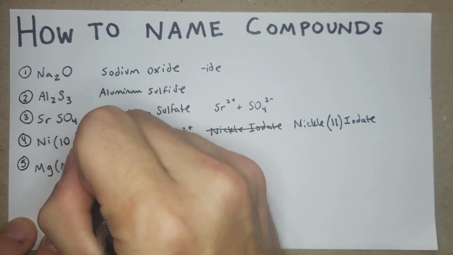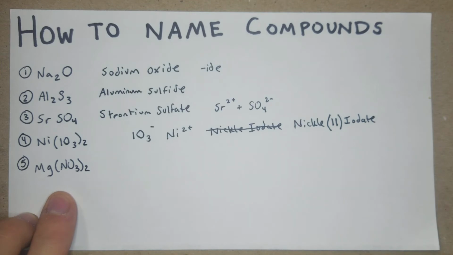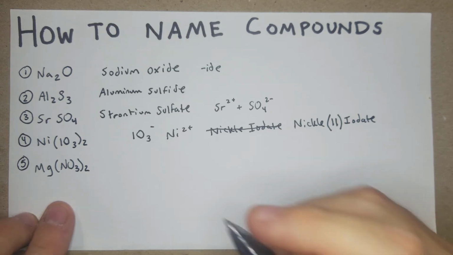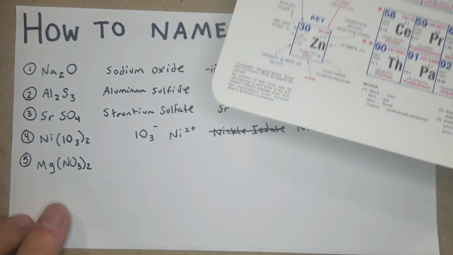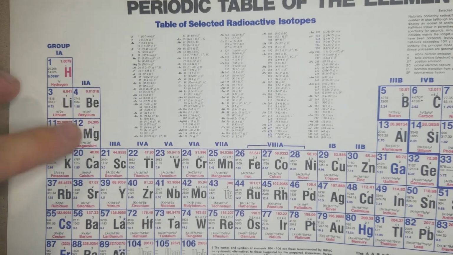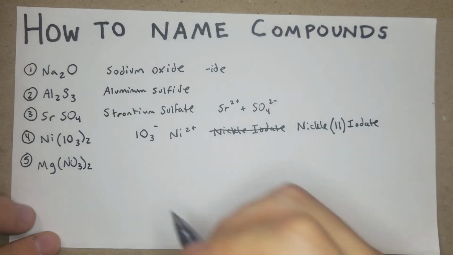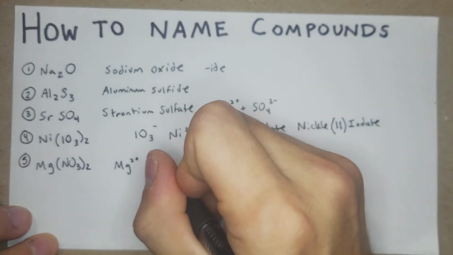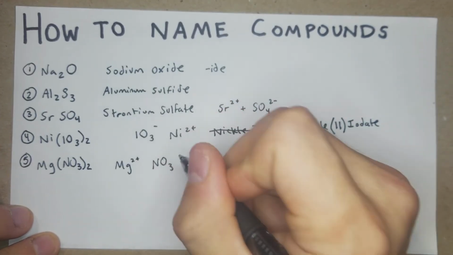Mg(NO3)2. Here's another one. NO3 is one of the most common that you'll see. And if you, again, didn't know the charge, just check out the periodic table and see what your cation would be. So for magnesium, that's going to be a 2+ because it's in the second column. So we'll see if it dissociates into Mg2+ and NO3.